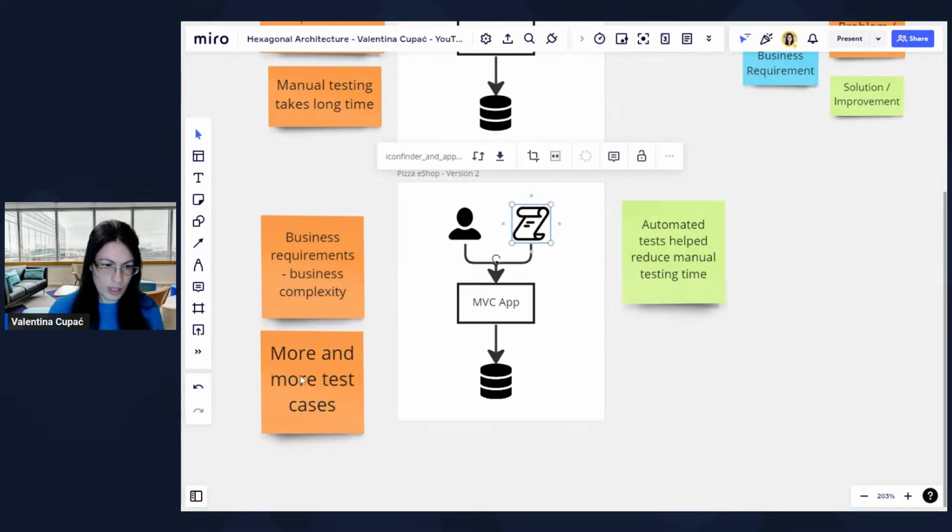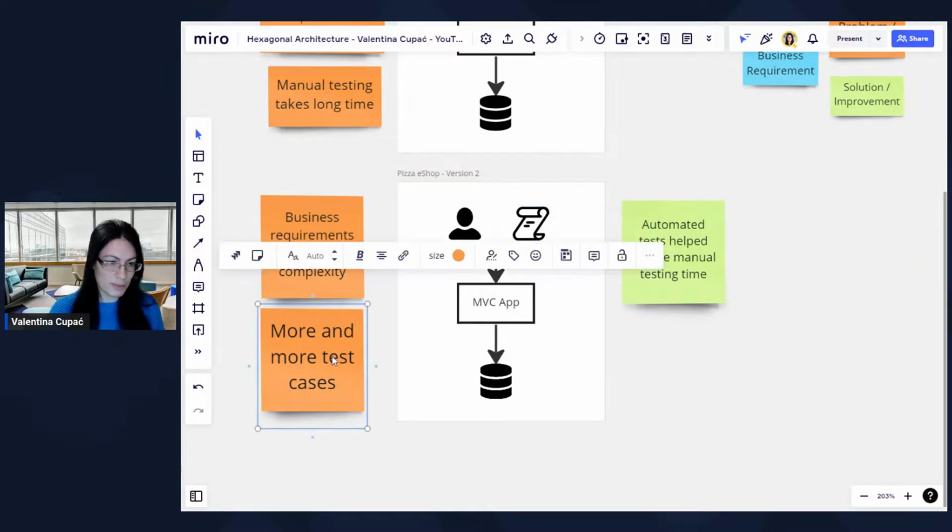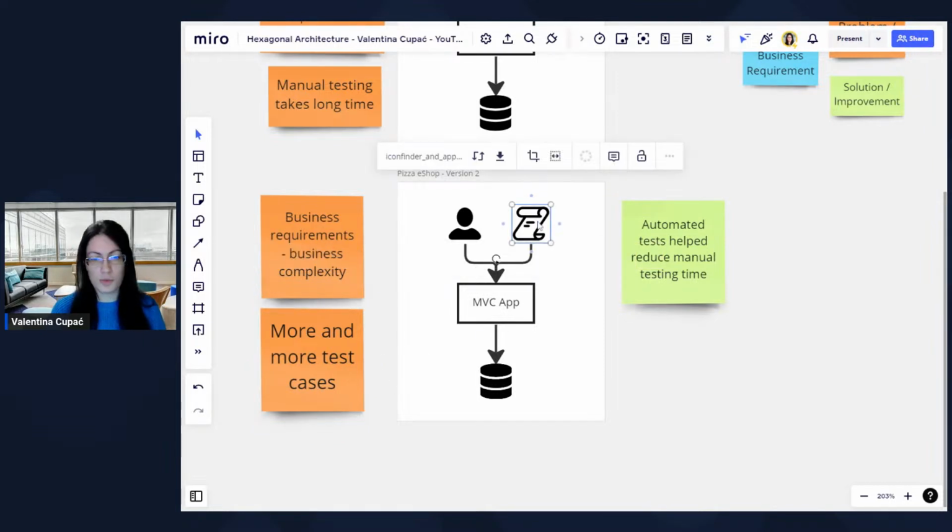So these automated tests, which were initially quite fast, I mean, they are calling the UI, but now they get slower and slower simply because there are so many test cases. And these UI tests, which are in Selenium or Cypress, are essentially slow to execute.